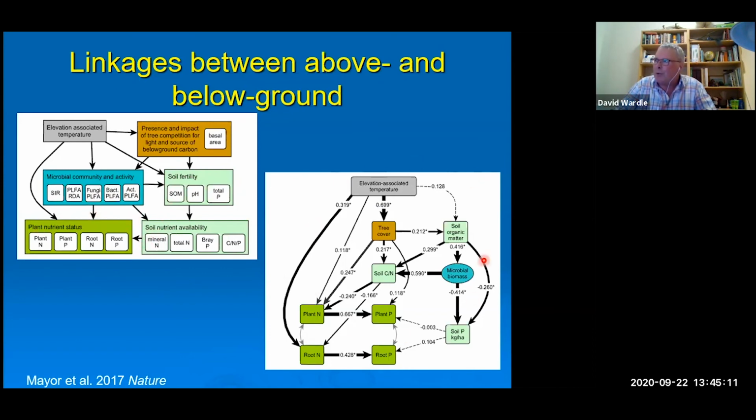This is the most parsimonious model that we found across the 7 regions, and therefore is the model that we're going to go with. It shows that elevation has an important direct effect on plant nutrition, but there are also important indirect effects manifested through trees, organic matter, microbes, etc., all of which influence nitrogen, phosphorus, and its balance.